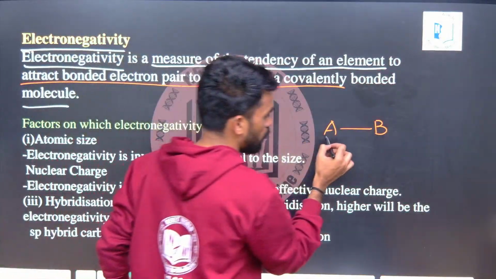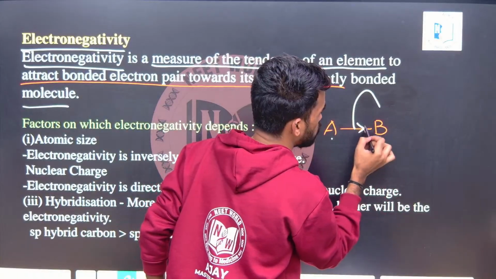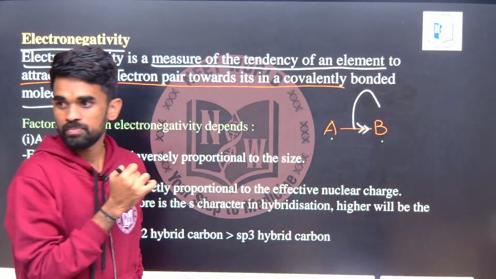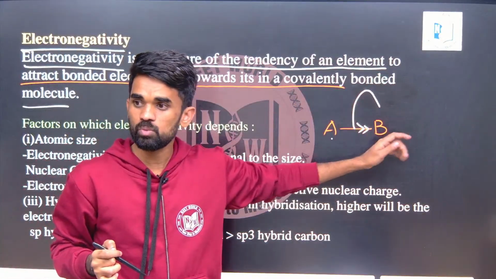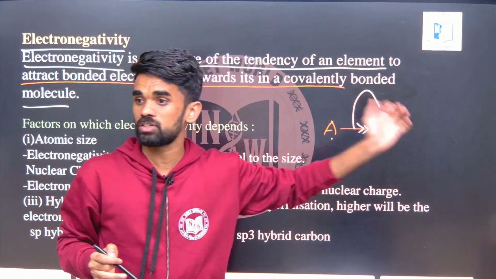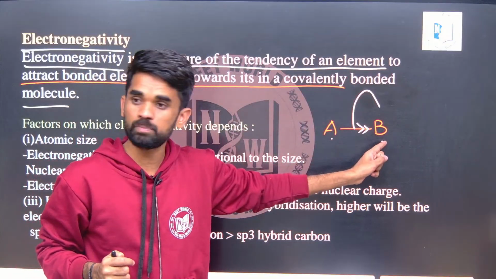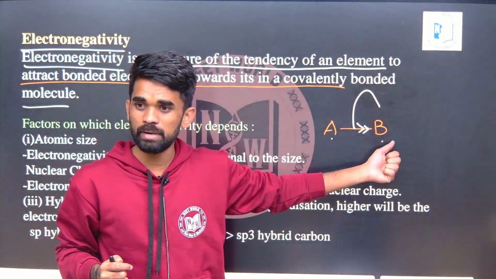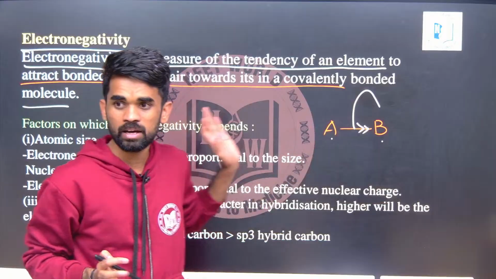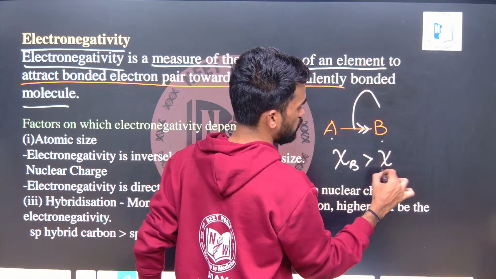The element which has the tendency to attract the bonded pair of electrons towards itself, that is its electronegativity. The more electronegative the atom, the more it attracts the bonded electrons. The bond is dragged towards atom B, so B has more electronegativity than A. So electronegativity of B is greater than electronegativity of A.